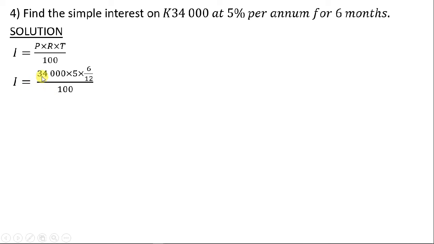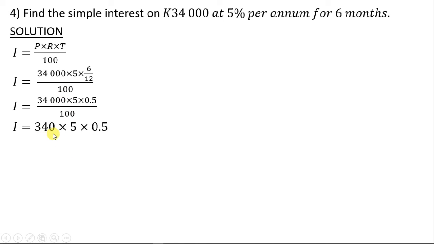Let's do that. So we have I is equals to 34,000 times 5 times 6 over 12 divided by 100. Now this 6 over 12 is the same as half, which is 0.5. So we are saying 34,000 times 5 times 0.5. Then we can always divide 100 into 100.